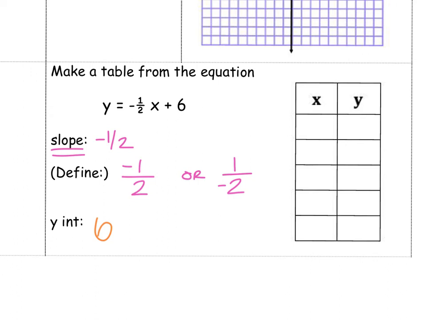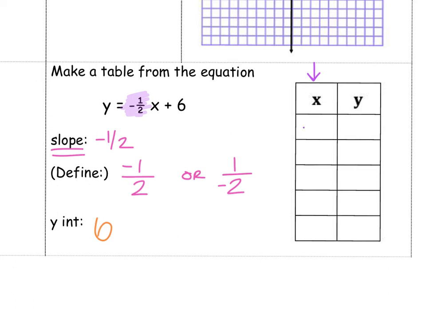Now, when I'm putting points into a table, this is more like the first lesson we did in this unit. For my x values, I can really choose any x's I want. But because I have a fraction in my equation, I'm going to want to choose numbers that are multiples of that denominator. So my denominator is 2, so I want to choose multiples of 2.